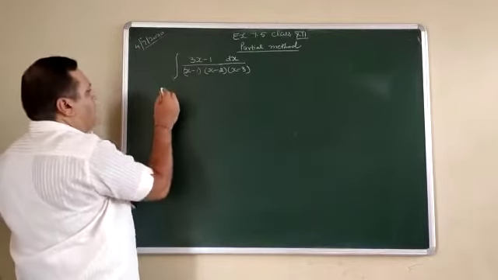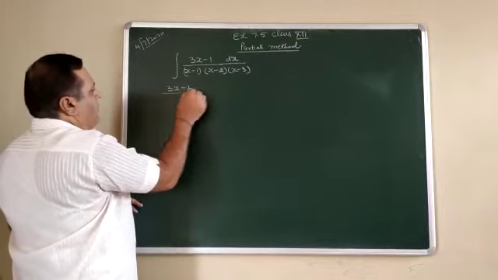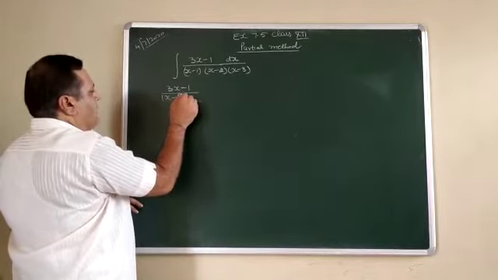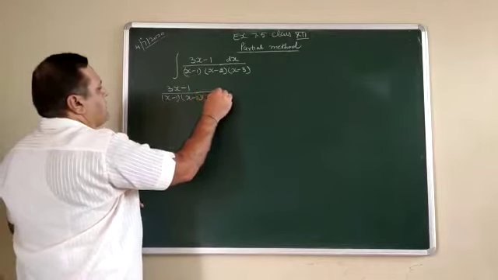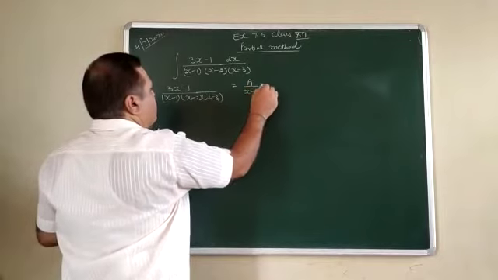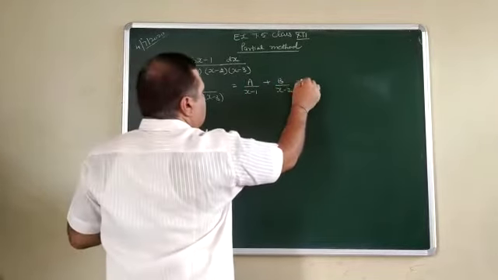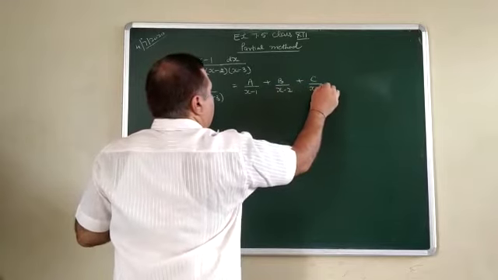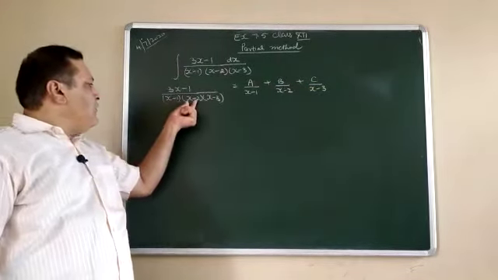First of all, number 1: (3x minus 1) upon (x minus 1)(x minus 2)(x minus 3) is equal to A upon (x minus 1) plus B upon (x minus 2) plus C upon (x minus 3). If you see, these terms in the denominator are in the form of a product.